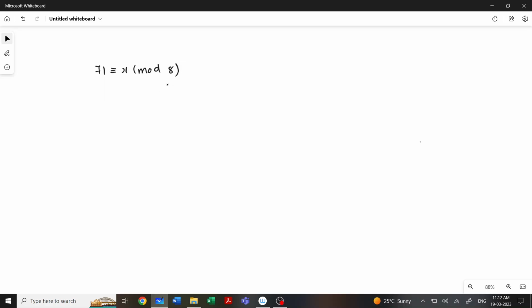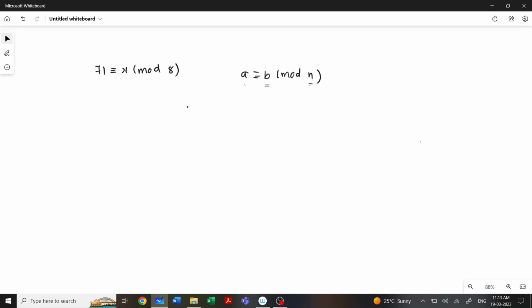As in the definition, if a is congruent to b in mod n, then n divides a minus b, or a minus b can be written as a multiple of n. Another way is, if you divide the number a by n, whatever remainder we get is nothing but b.